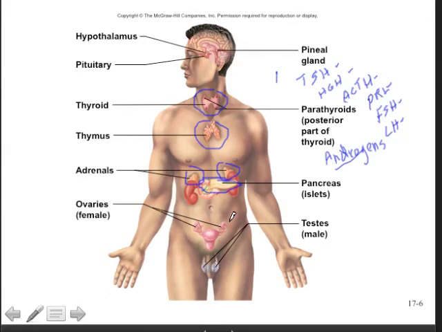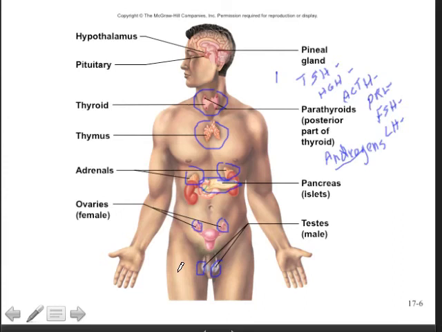Moving down, we have the gonads. In the female, the gonads are the ovaries, and they're inside the body cavity. And in the male, the gonads are the testes. So we have a little hermaphrodite here in this drawing. And they produce the sex steroids. And these are progesterone, estrogen, and testosterone. In females, estrogen and progesterone predominate, and testosterone is made at much lower levels, while in males, the testosterone predominates, and the estrogen and progesterone are made at much lower levels.